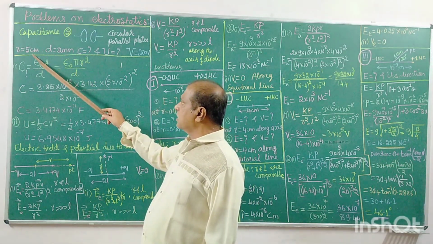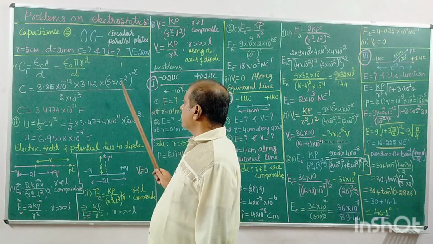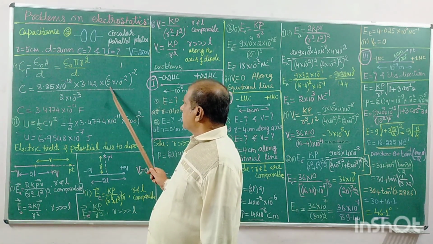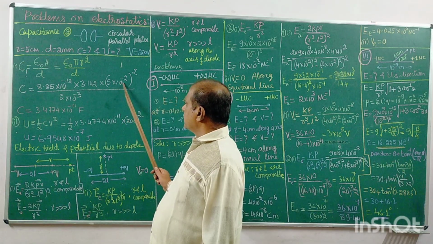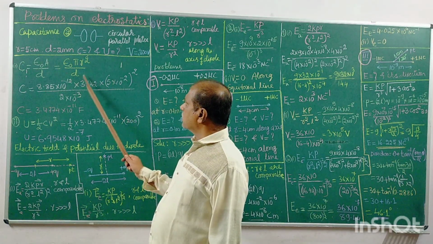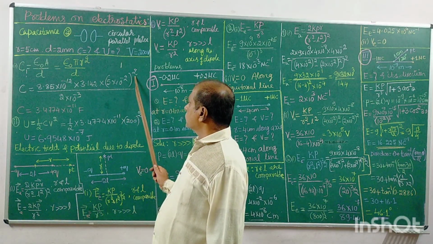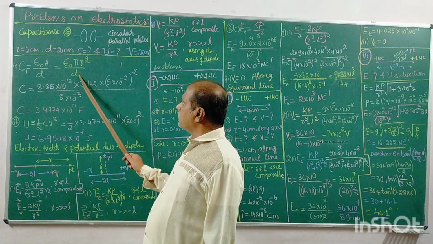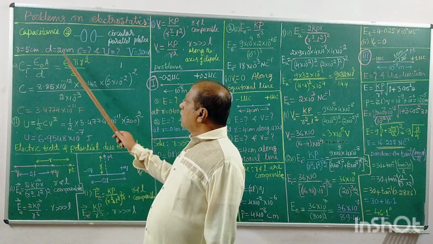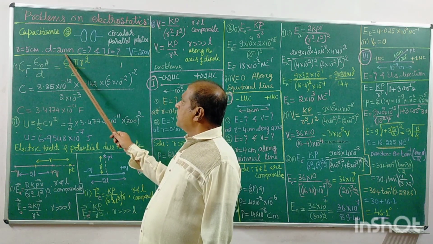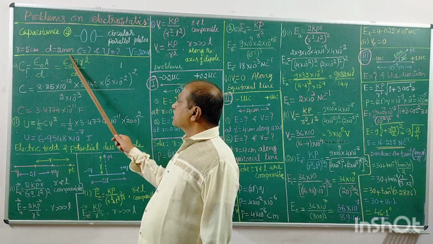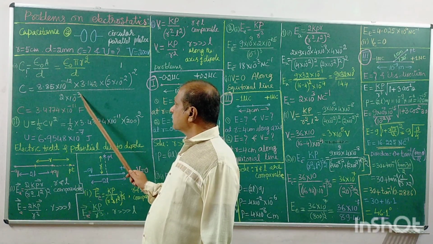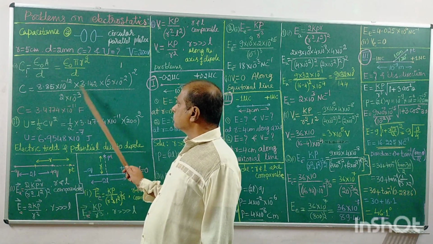Centi means 10 to the power of minus 2, so in SI it is 5 into 10 to the power of minus 2 meter, whole square. In the denominator, D, distance of separation, is 2 millimeter. Millimeter is not SI, so write it in SI form. Milli means 10 to the power of minus 3, that is in meter.